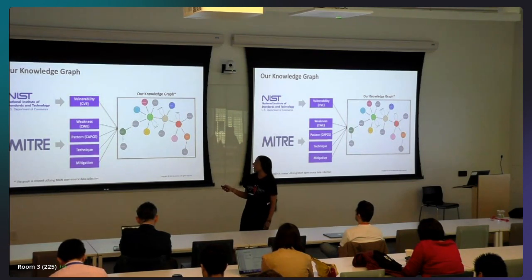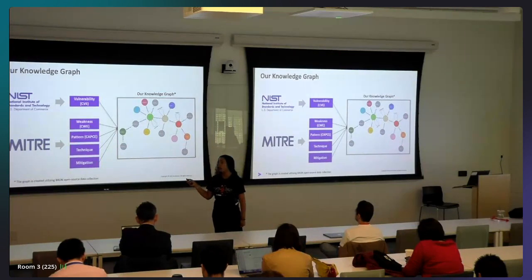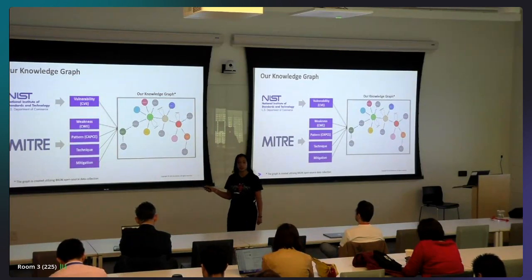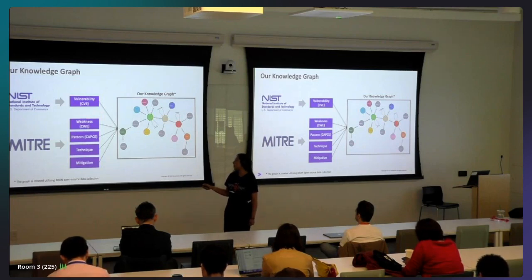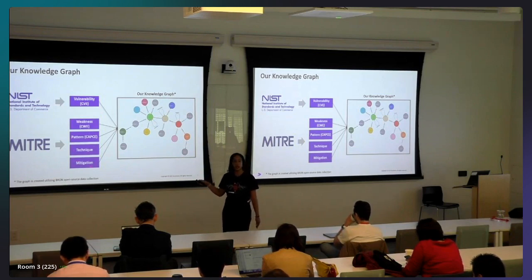We took the data from NIST and MITRE. NIST contains vulnerability textual descriptions, and some of them are correlated to CWE, which is part of MITRE. MITRE has information about weaknesses, patterns, techniques, and mitigations, and it may have correlations between them. This is how we create the database. Okay, thank you so much.